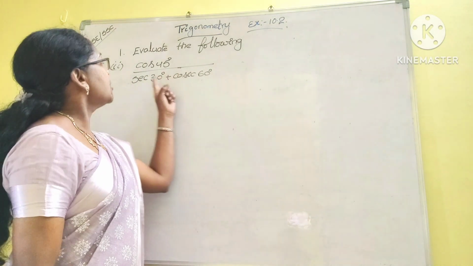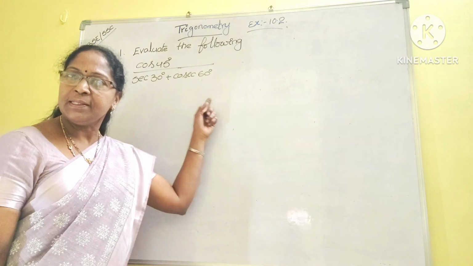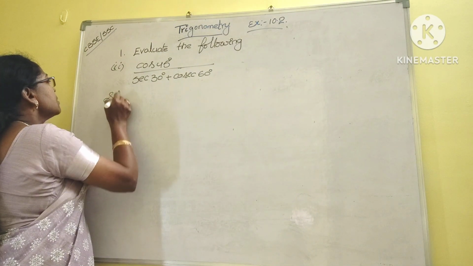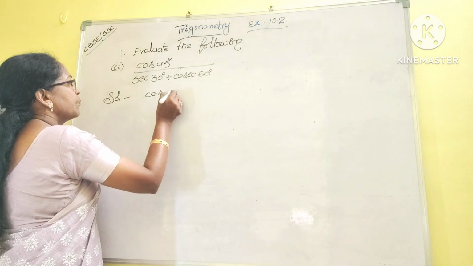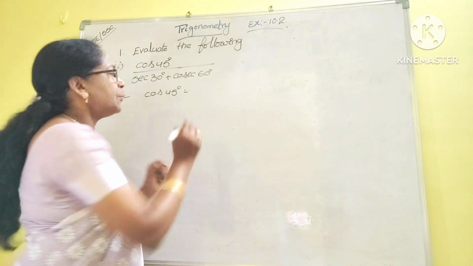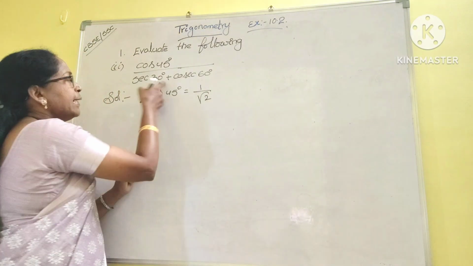Now, next will be cos 45 degrees divided by secant 30 plus cosecant 60 degrees. First you write down the values in this. Cos 45 equals how much? Cos 45 equals 1 by root 2. Write that value, 1 by root 2. Again secant 30.